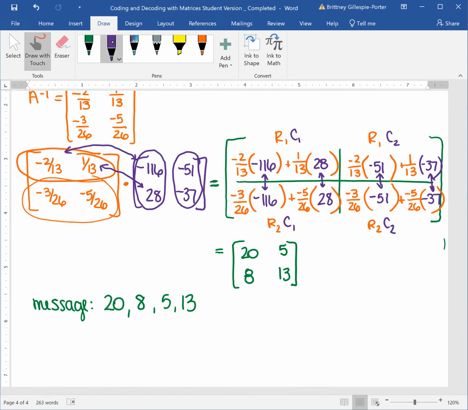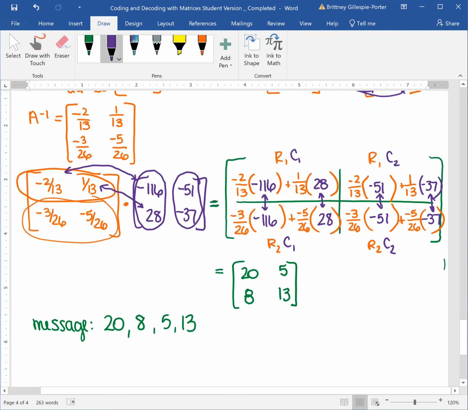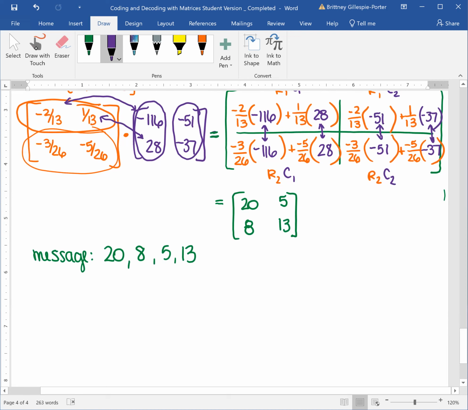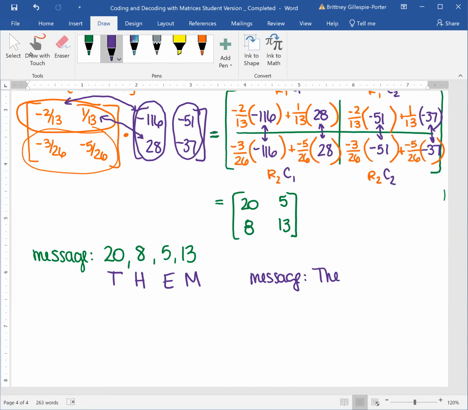So looking at the alphabet you have already listed with A equal to 1, B equal to 2, and so on till Z is equal to 26, you should wind up with 20 being T, 8 being H, 5 being E, and 13 is an M, which means our message is them.